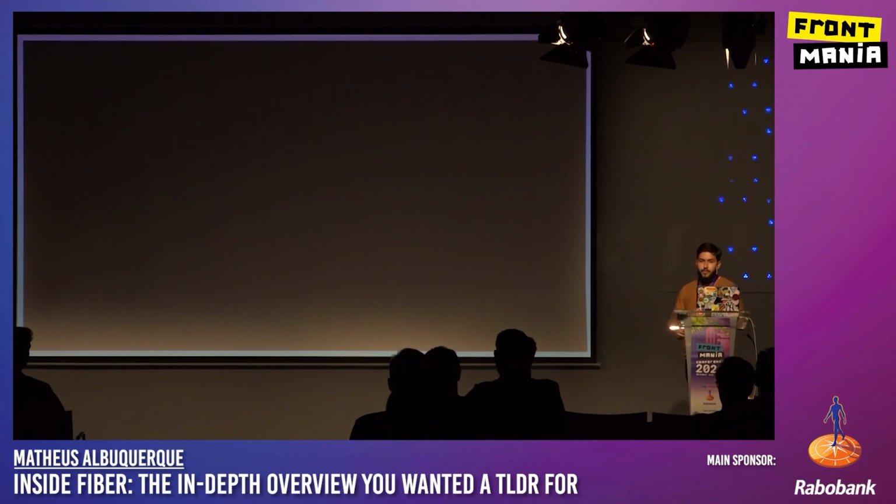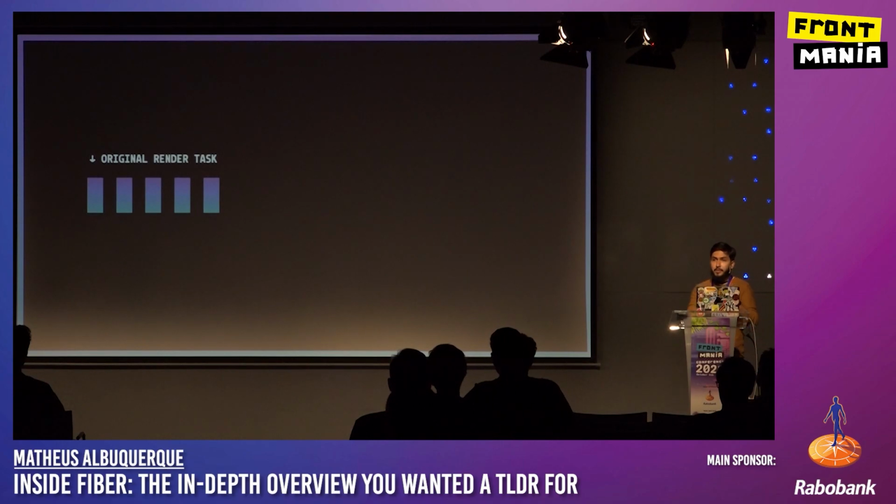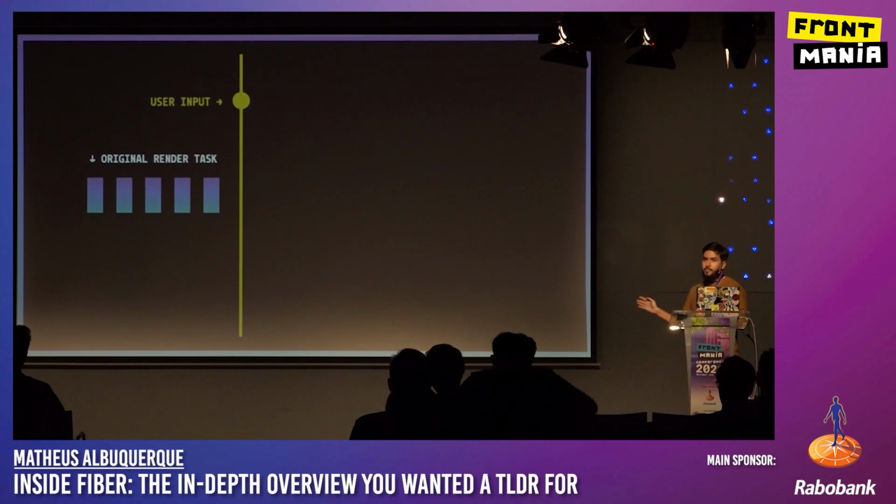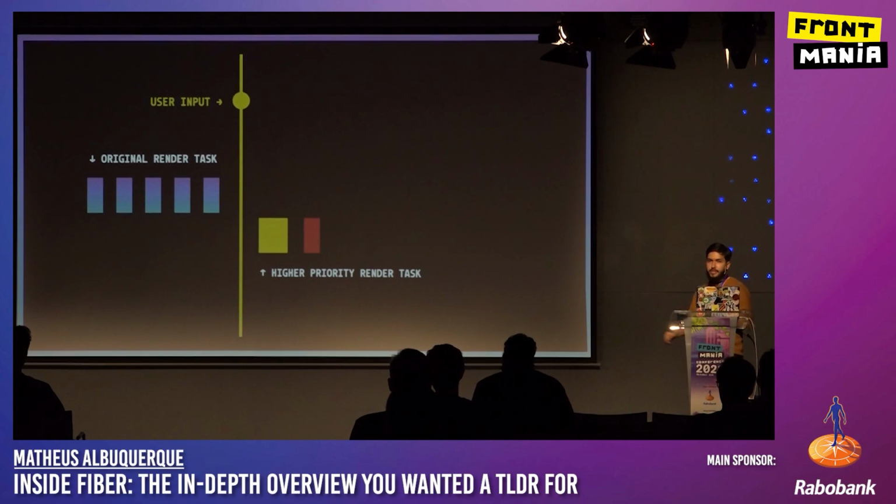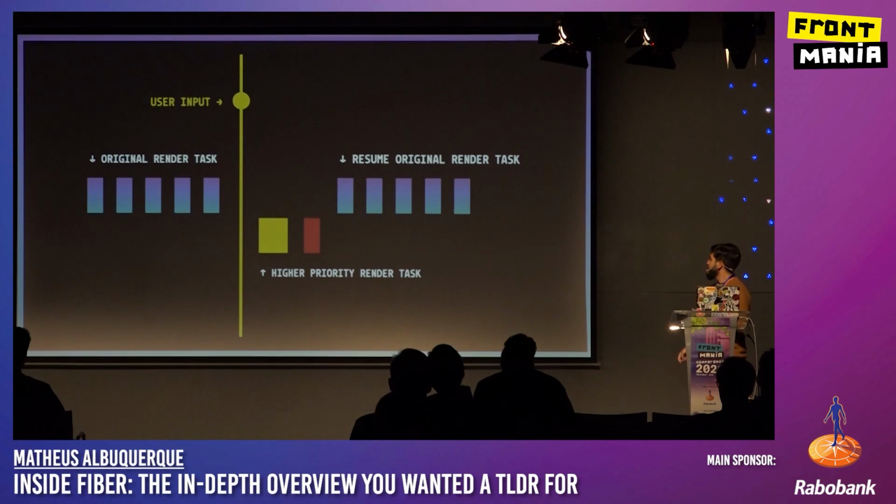So it's better if we visualize. Our example was like this. We had the original render task, and then I started typing more. So user input, and because it's user input, it has high priority, so it had to jump in and start doing this. After I ended typing, then React, its internal scheduler, could resume the original render task.